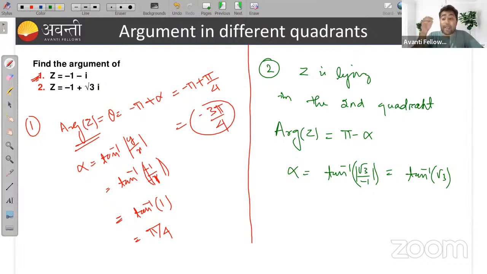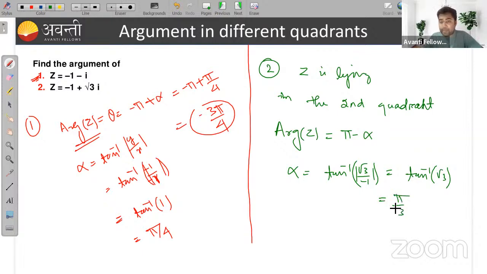So what is the value of tan inverse of root 3? Can you tell me? For which value of theta will tan theta be root 3? That is pi by 3, right? Yes, pi by 3. So alpha becomes pi by 3.